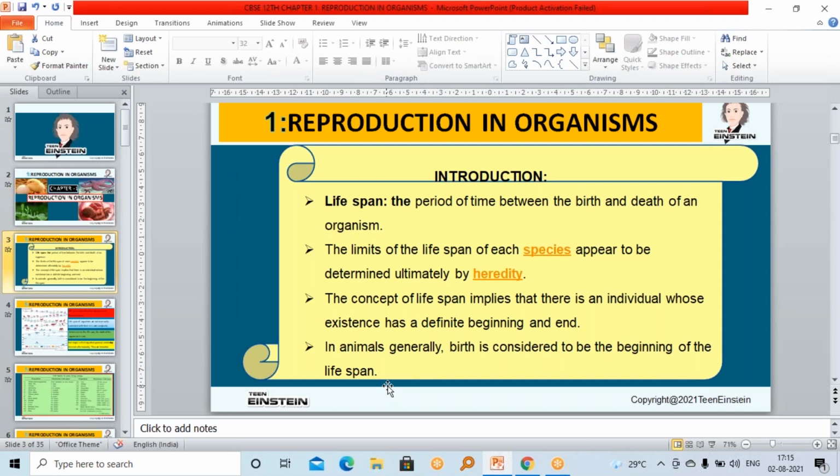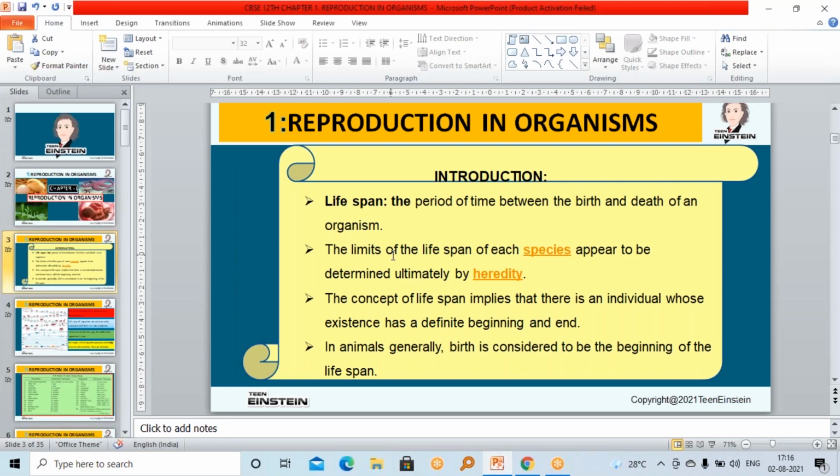So there is an average lifespan for everything. The lifespan of each species varies, and the limit of the lifespan of each species is determined by heredity.